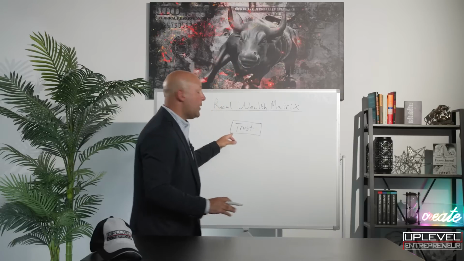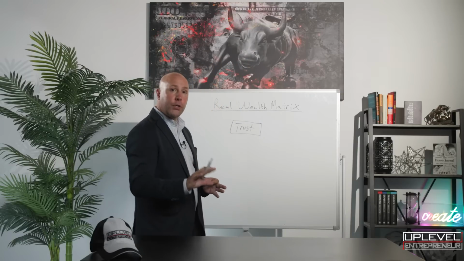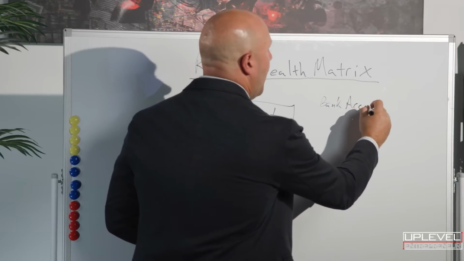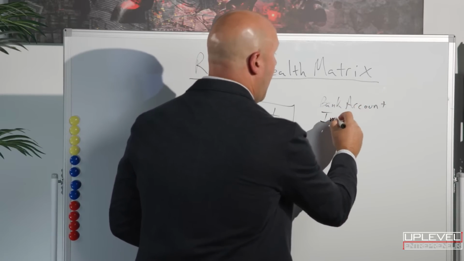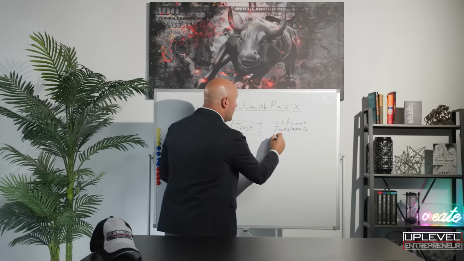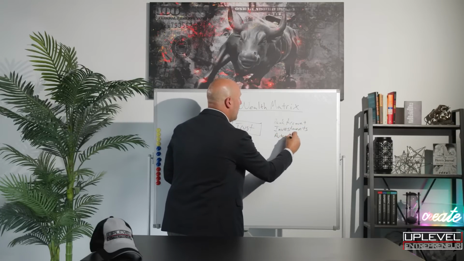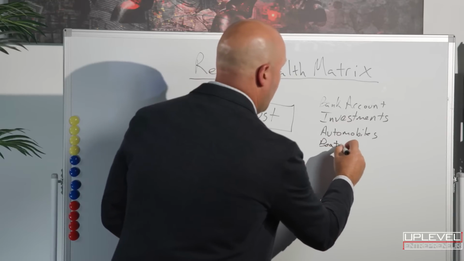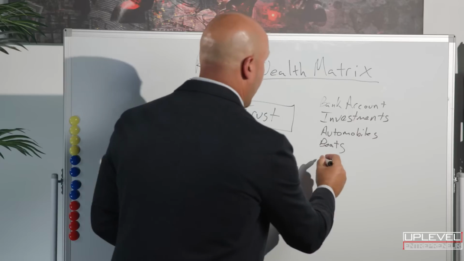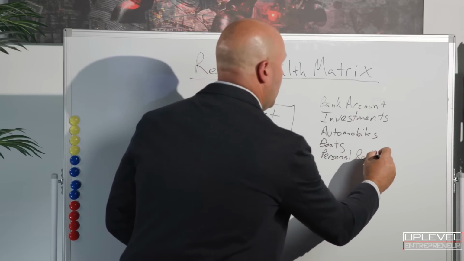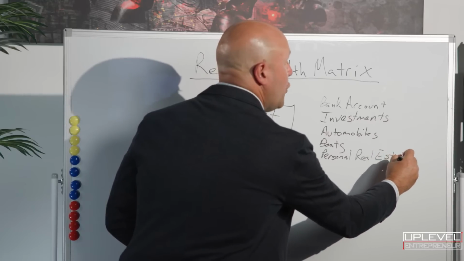But we start off with a trust because the trust is going to own all of your personal assets, the things you normally have in your own name right now, things like your bank accounts, your investment accounts, let's say your non-qualified investment accounts, things like your automobiles, your boats, and your personal real estate, like the home in which you live.